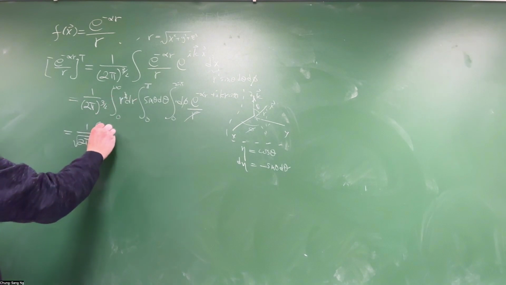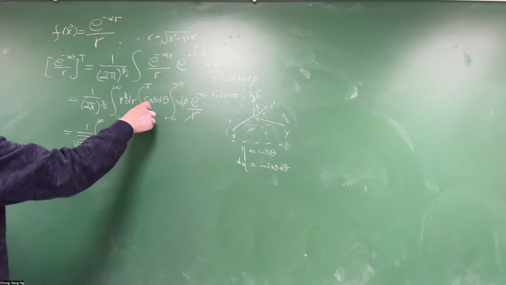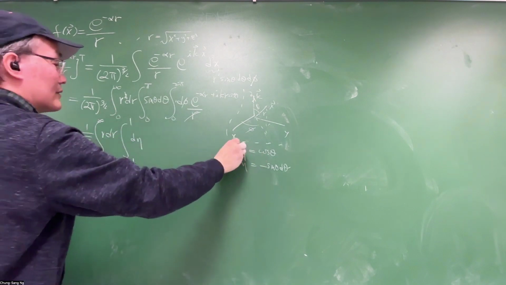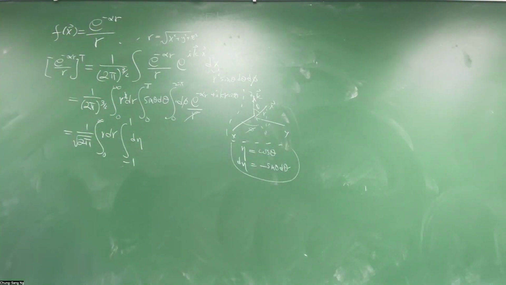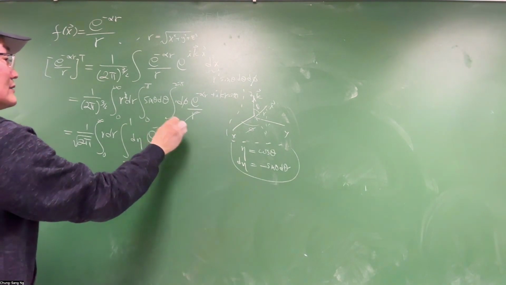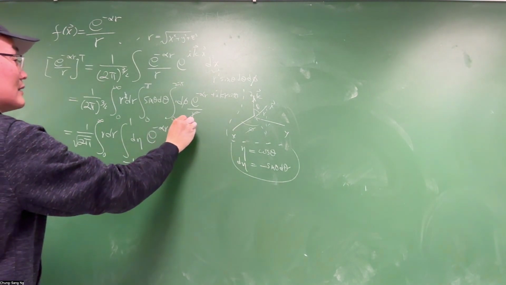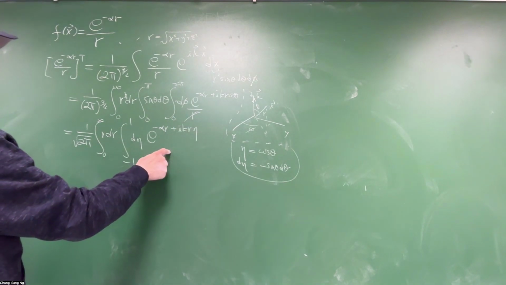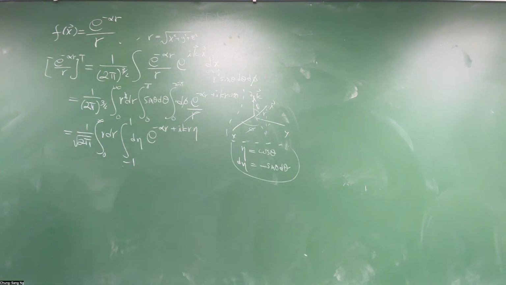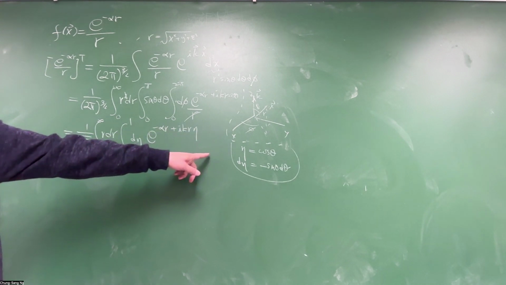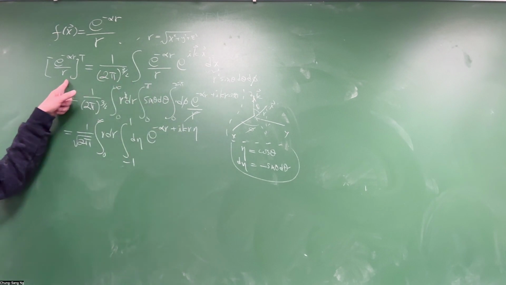And this becomes eta here, from minus 1 to 1, where eta is cosine theta, and this is e to the i k r eta. We're calculating the Fourier transform.